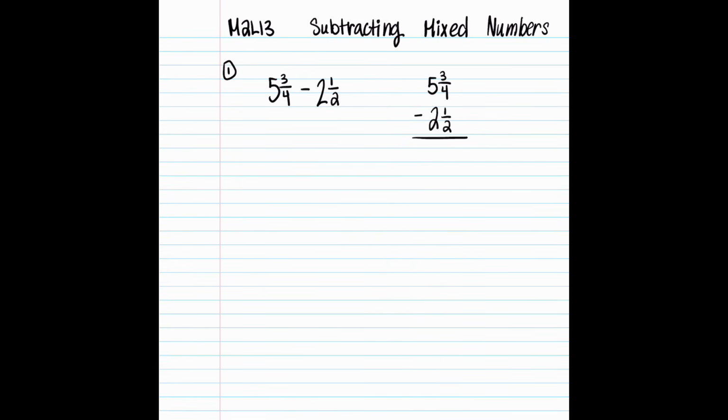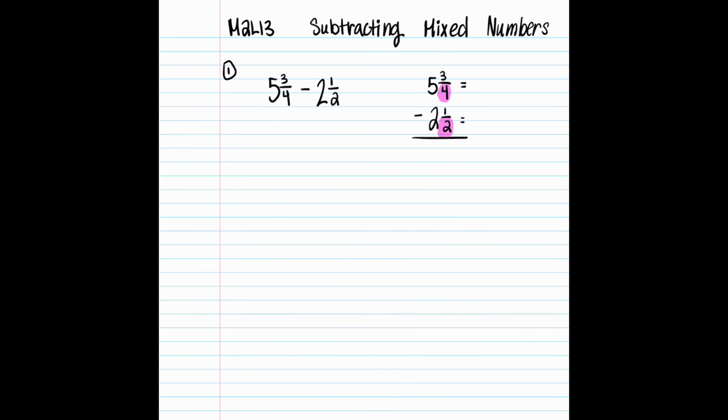So because I can't do that, I need to create equivalent fractions here that have a common denominator. So I'm going to go ahead and rename them, okay? So I'm going to think about what is a good common denominator between 4 and 2.